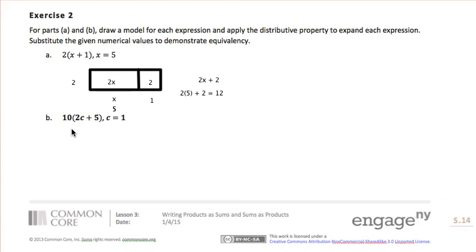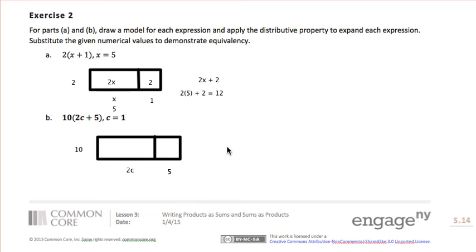The second expression was 10 times 2c plus 5. So again, we'll draw the tape diagram. And our tape diagram is 10 deep and 2c plus 5 long.